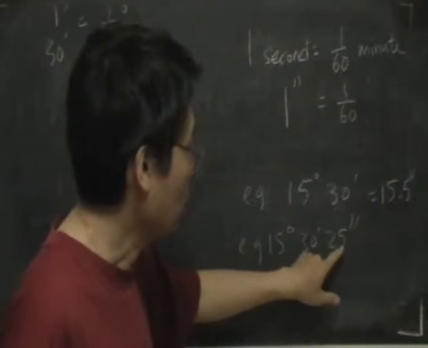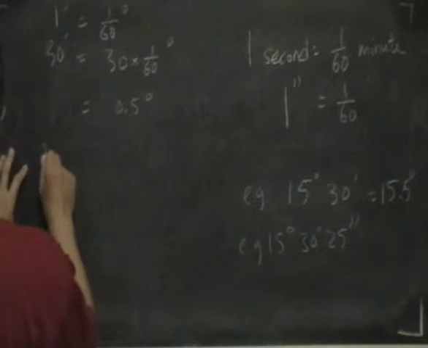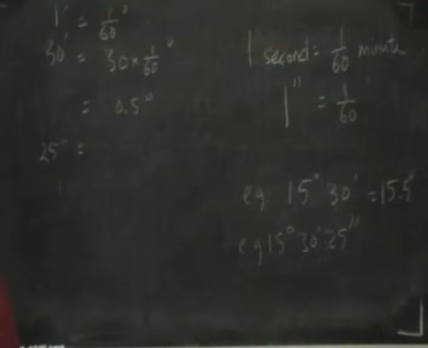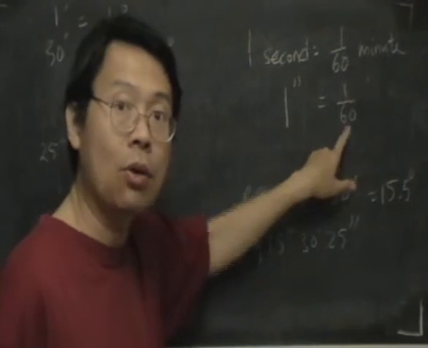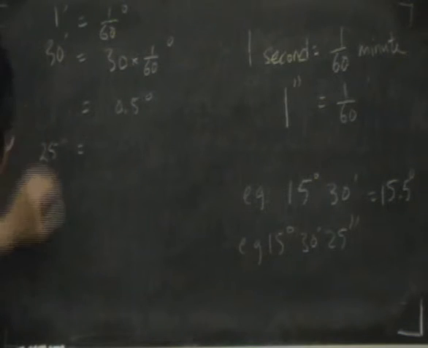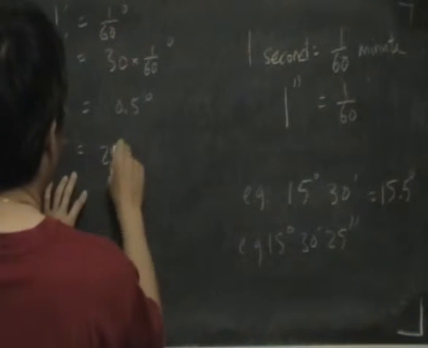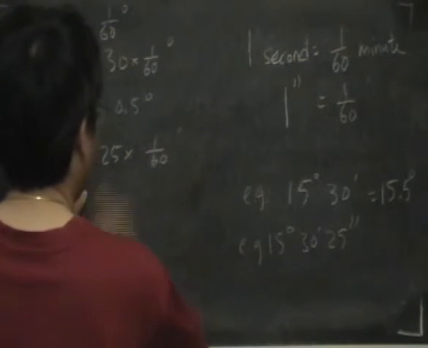How about 25 seconds? Now 1 second, if you remember, is 1/60th of a minute. So 25 seconds is 25 times 1/60th of a minute.